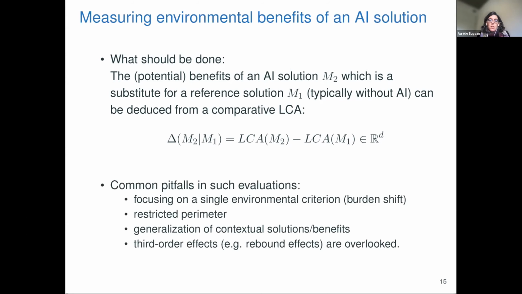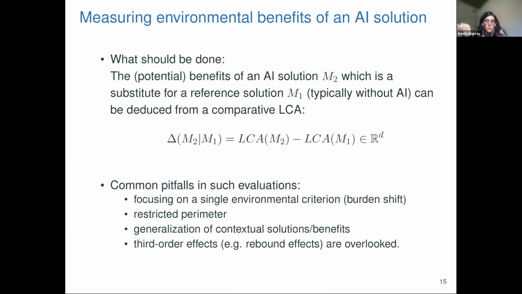Common pitfalls in such evaluations are that we usually focus on only one environmental criterion, usually climate change or CO2 emissions, with a very small perimeter, not the whole life cycle.